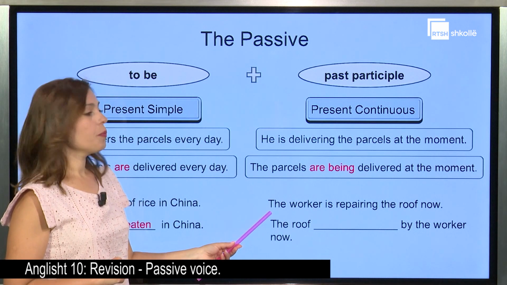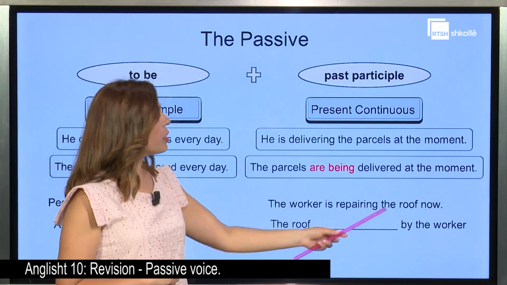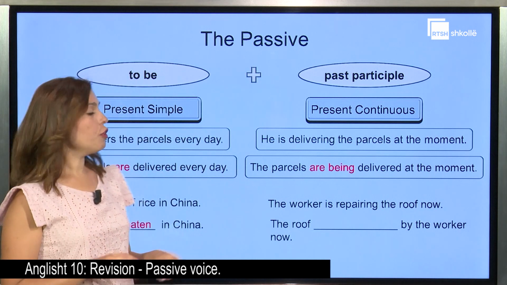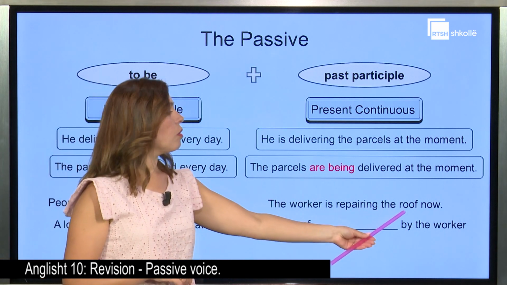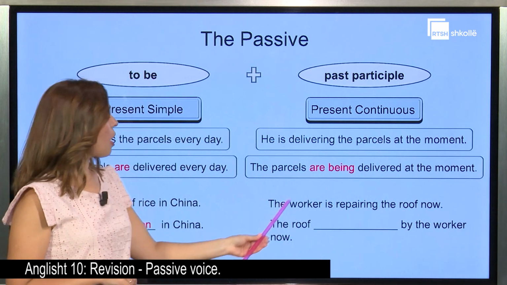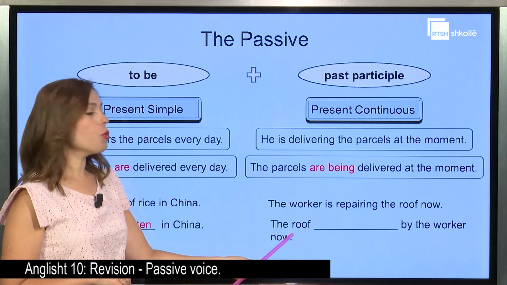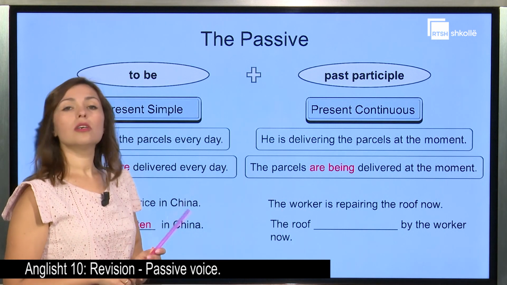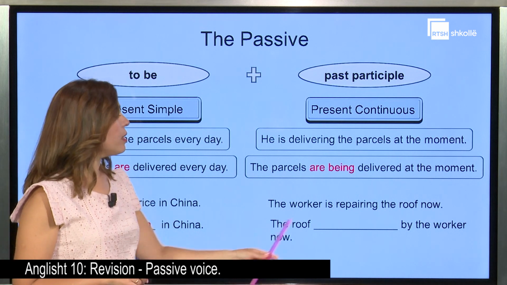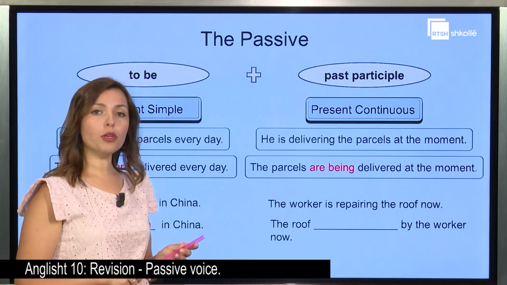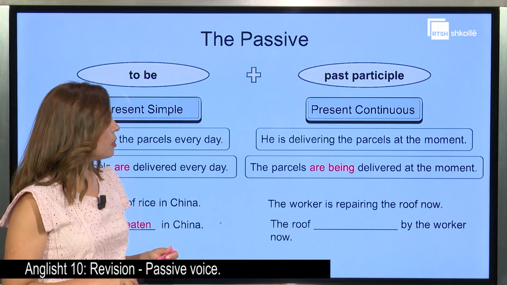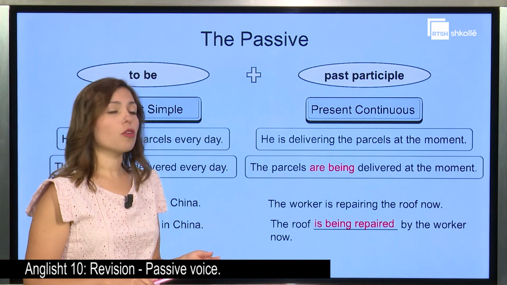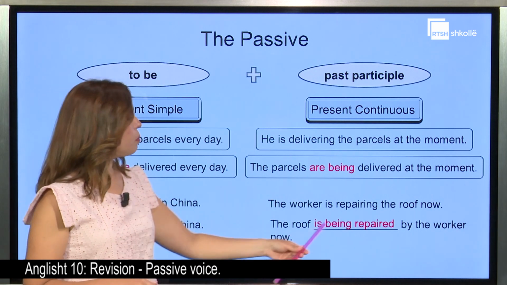Think of this, please. The worker is repairing the roof now. First of all, we find what? The object that has become the subject, the roof. Then, what do we need? The present continuous of the verb to be. That is being, of course. The roof is being.